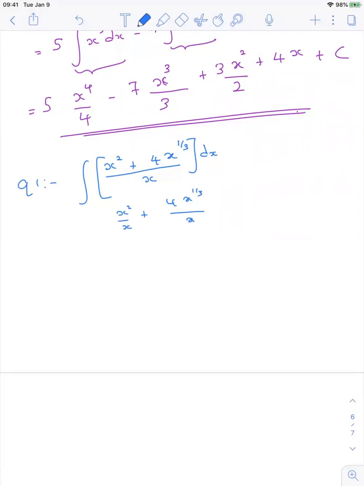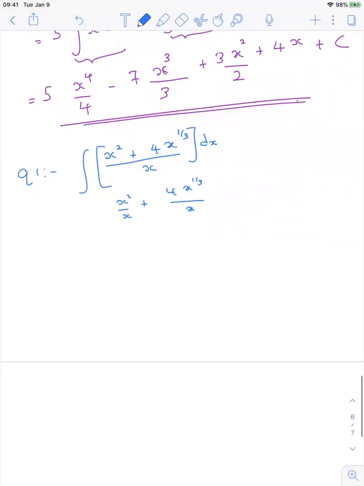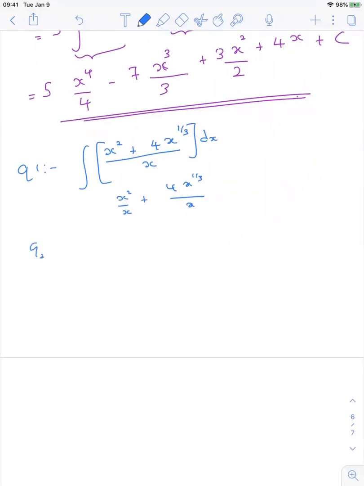And the next one will be question 2. So you have to integrate 4 over 1 plus x squared dx. Now this one, you have to check the standard integration rules, which I will be posting to the Google Classroom just after the class.